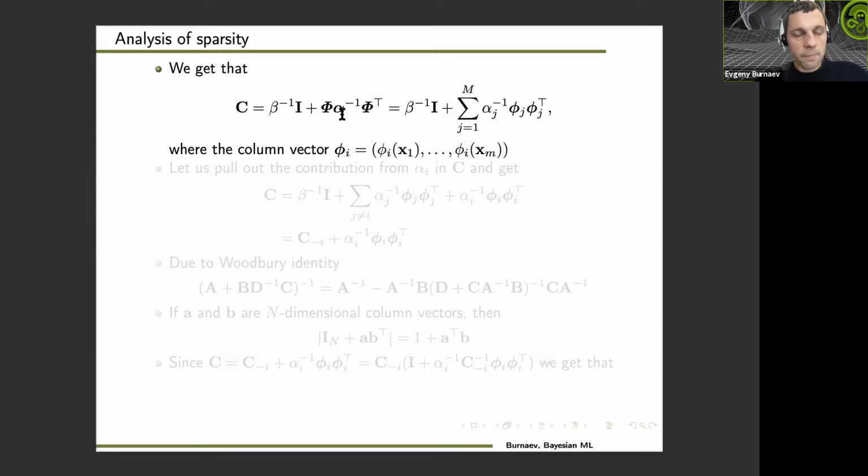Because here we have this product of the matrix of basis functions and its transposed version, we can actually rewrite this in this way, where the vector phi i is given just by the values of the basis function number i estimated in different sample points.